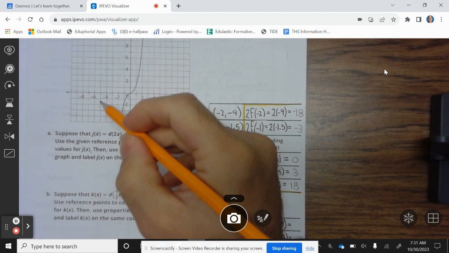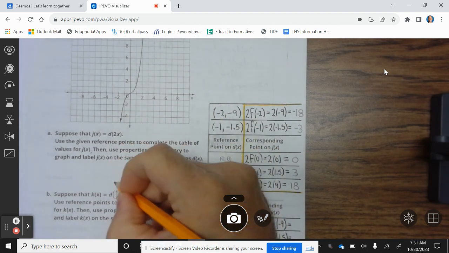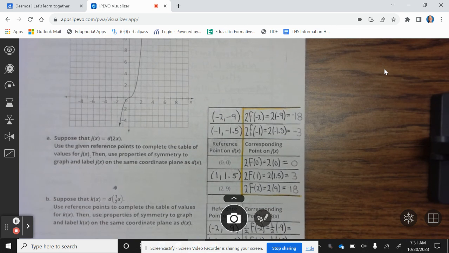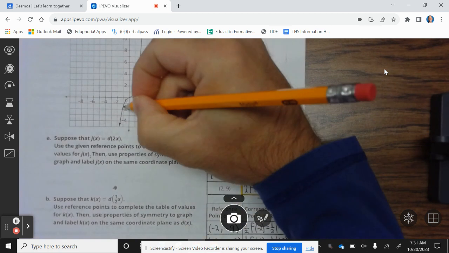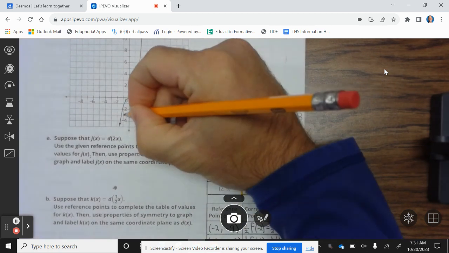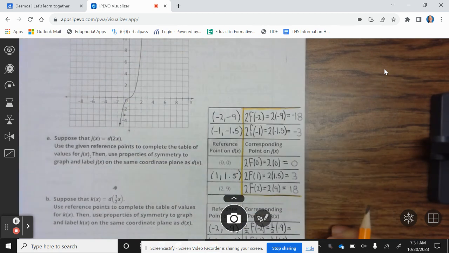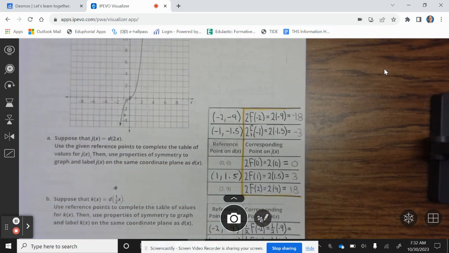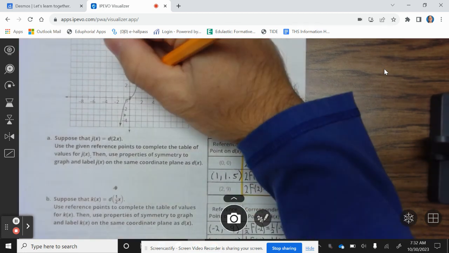Now, -2, -18 is probably somewhere here. -1, -3 is here. Zero, 0 is right here. 1, 3 is right here.